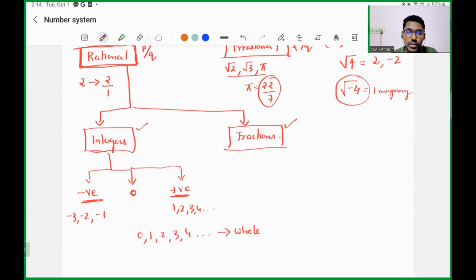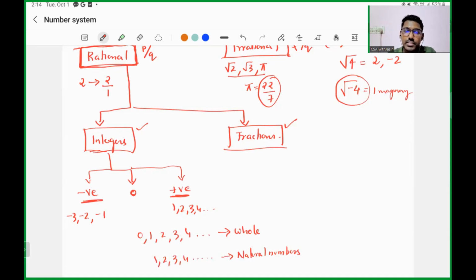Now, if I take 0, 1, 2, 3, 4 like that, these are called whole numbers. If UPSC is saying whole numbers, it will include 0 and then the positive integers 1, 2, 3, 4, etc. Now, if UPSC is asking natural numbers, then it will not include 0. It will start from 1, 2, 3, 4 like that. So this is the difference between whole numbers and natural numbers.